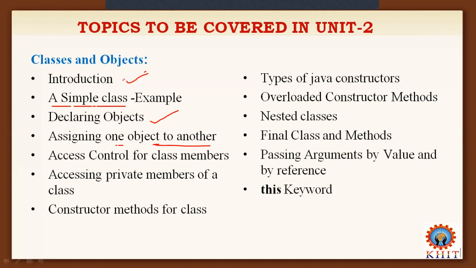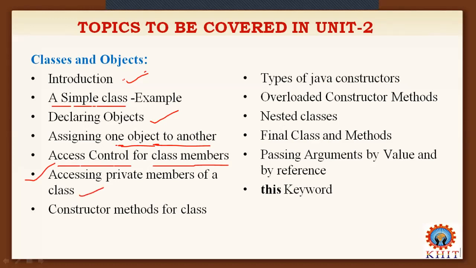It's also important when we are working with objects of a particular class. Access control for class members. This is important when we are accessing the members of a class outside, and specifically accessing the private members of the class.